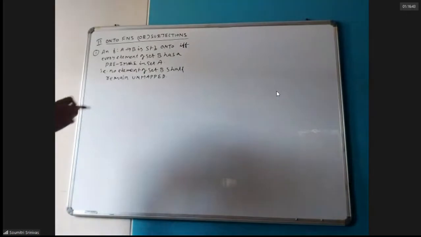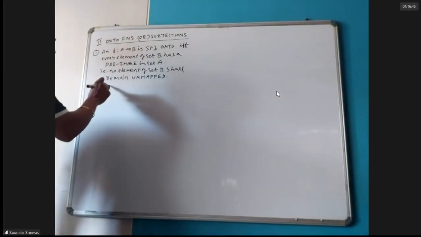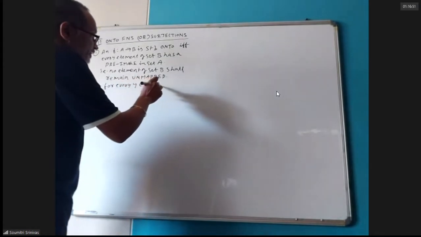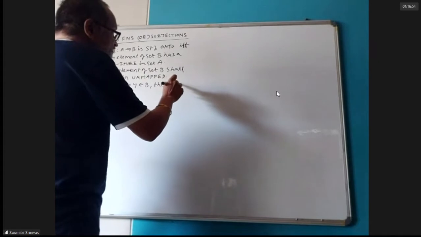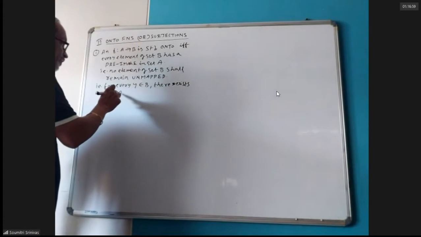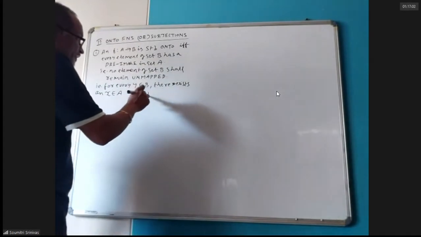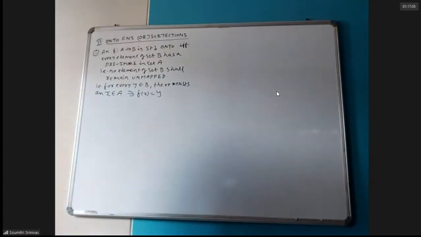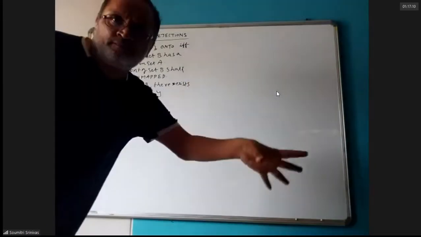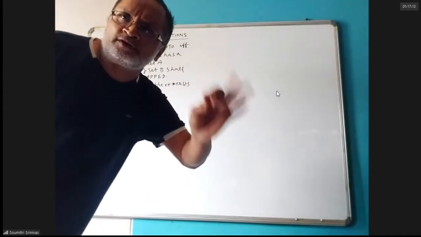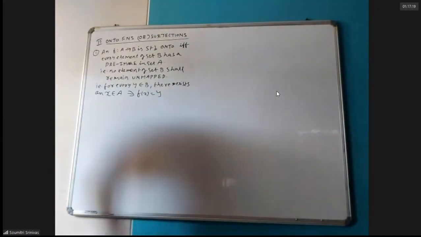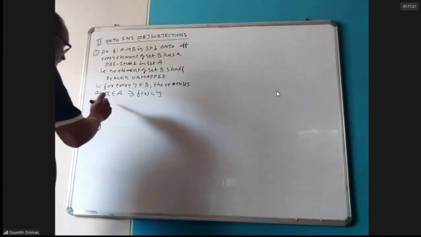In mathematical form, for every y belonging to B, there exists an x belonging to A such that f of x is equal to y. Throw all this away, I'll tell you a simple method for onto functions. What do you mean by the first statement? No element of set B shall remain unmapped.